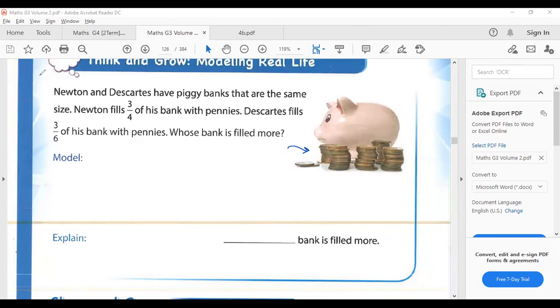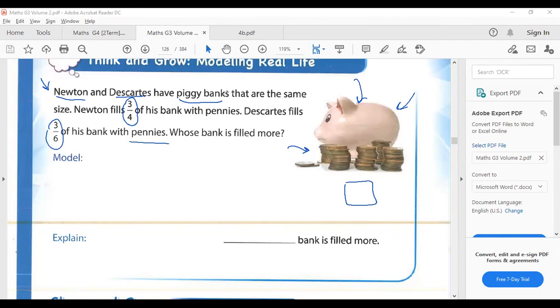Abdurrahman, could you tell me how to solve this question? I will read it. Newton and Descartes have piggy banks that are the same size, like this. It is open, maybe like a box, right? Okay, so Newton fills 3/4 of his bank with pennies, and Descartes fills 3/6 of his bank with pennies.